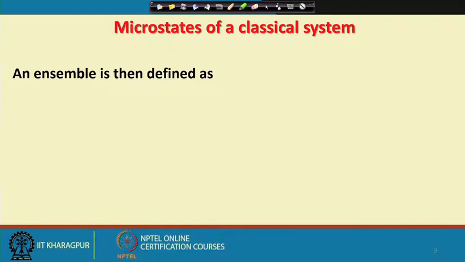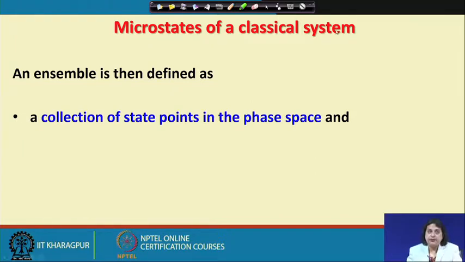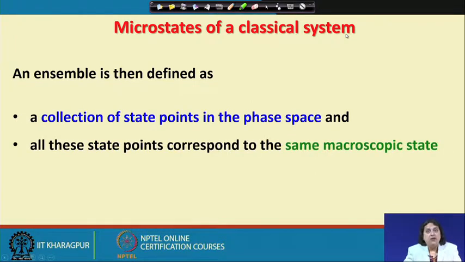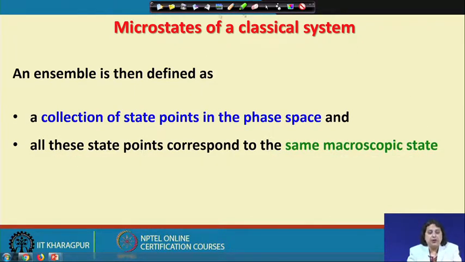In this picture, an ensemble is defined as a collection of state points in the phase space, and I would expect that for a given ensemble, which is defined by a given condition of macroscopic state, like a constant volume, a constant number of particles and constant energy in the case of a microcanonical ensemble, all the state points that I have as the collection of points in the phase space must correspond to the same condition of the macroscopic state.